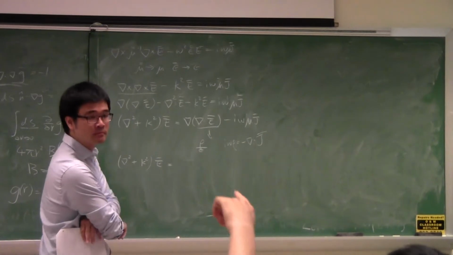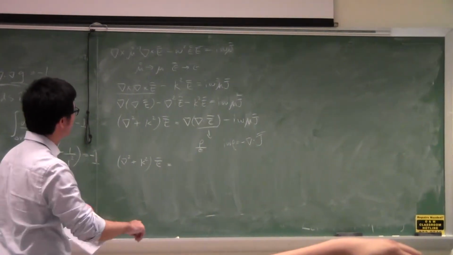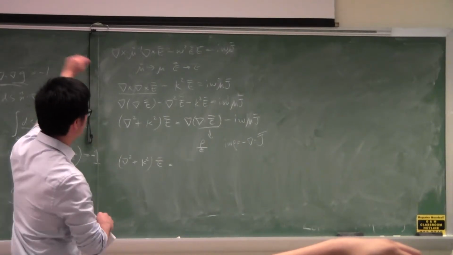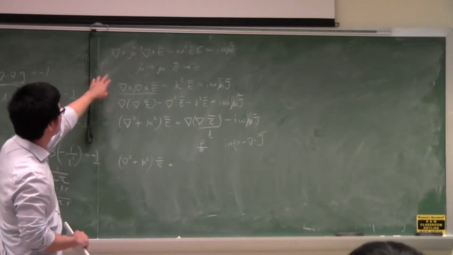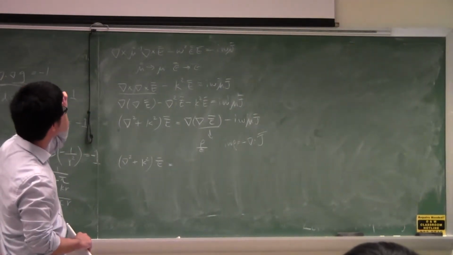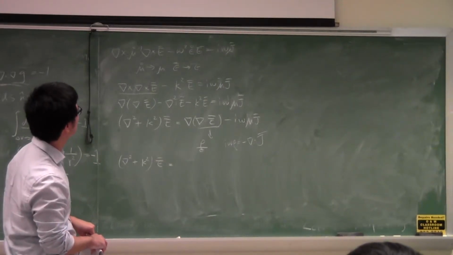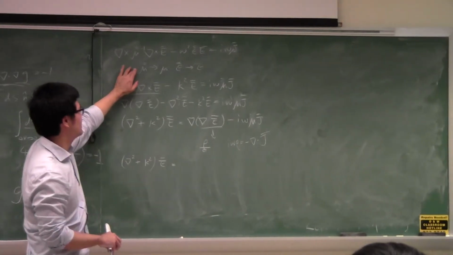Excuse me, on your left-hand side, why does the mu... Where? Here? So mu should be moved left of the curl, right? Oh, so I have made an assumption here.